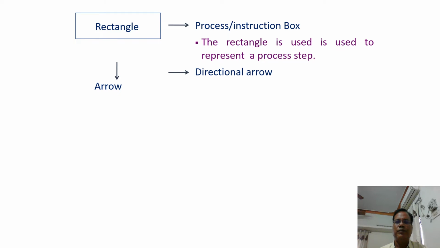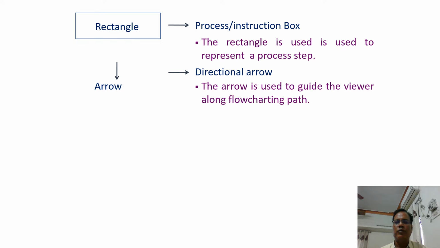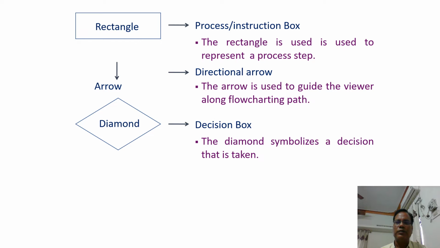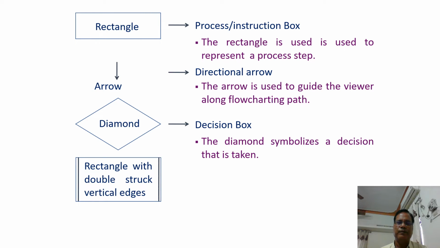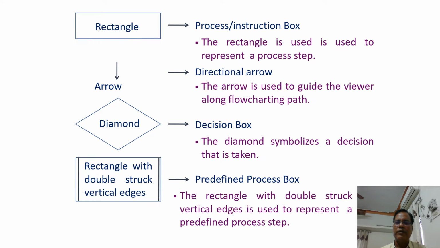Arrow, the directional arrow. The arrow is used to guide the viewer along the flowcharting path. Diamond graphic, the decision box. The diamond symbolizes a decision that is taken. Rectangle with double struck vertical edges, the predefined process box.